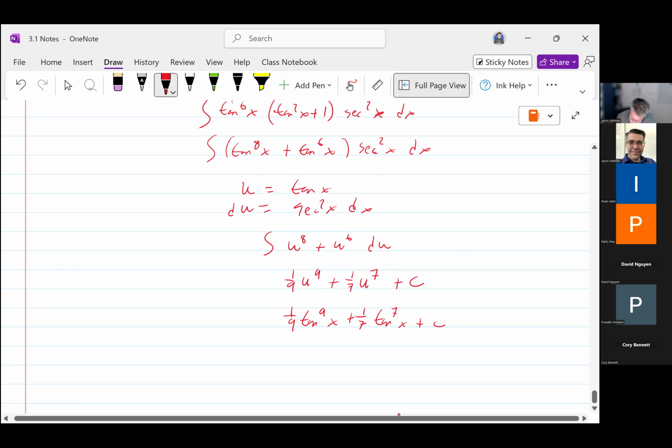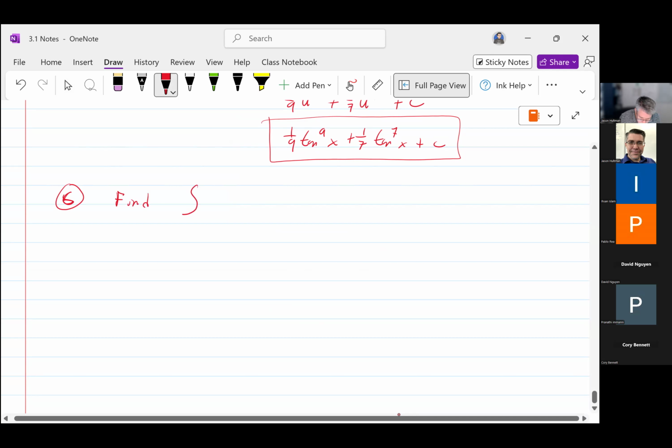This is number 6, I believe. Find the integral of tangent to the 5th power of theta secant to the 7th power of theta d theta.